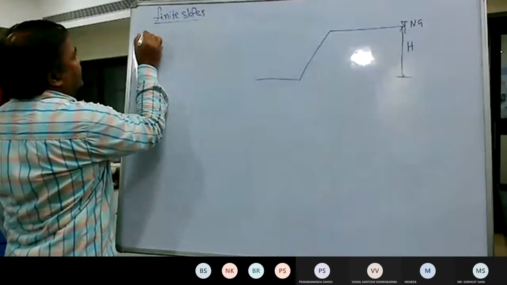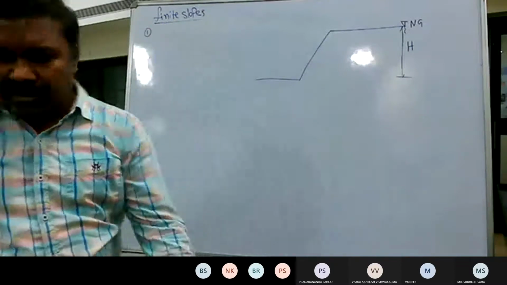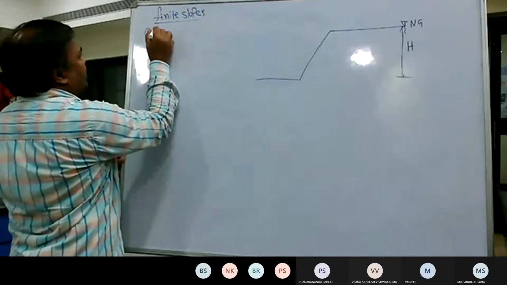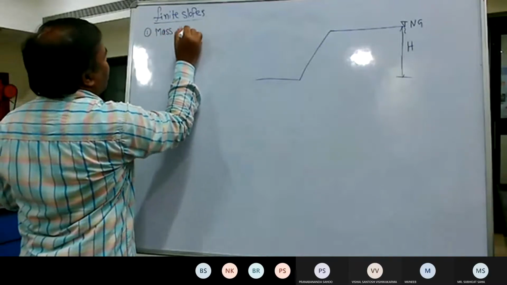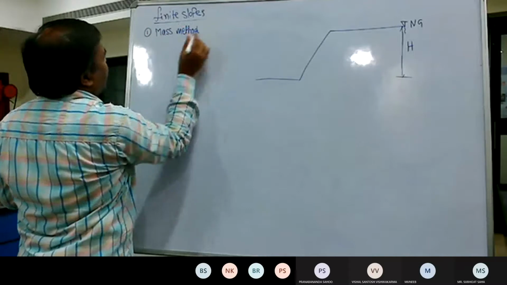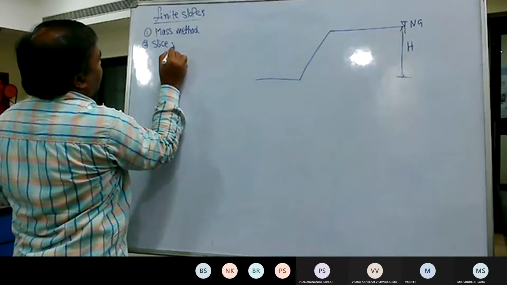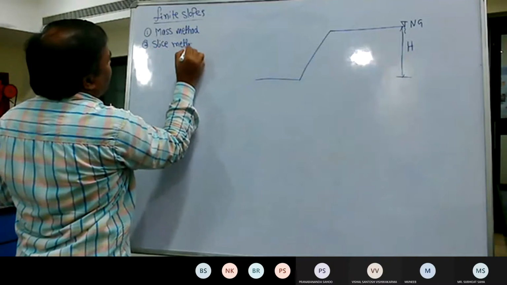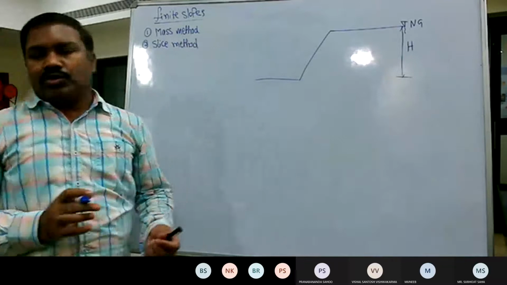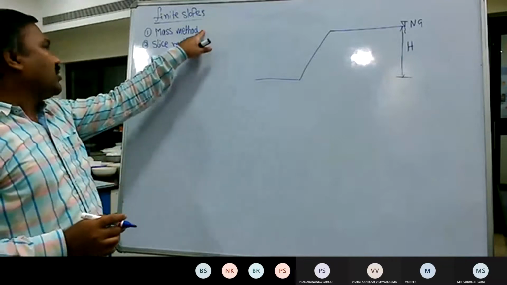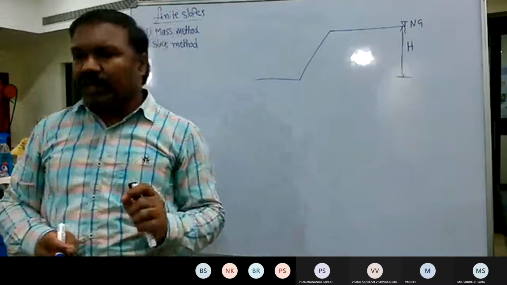But when you try to analyze the finite slopes, we dominantly use two variety of methods. The first is mass method. The second is slice method. So initially, when the analysis was evolving, most of the people used the mass method, or the mass methods are the methods which very early people started working on or developing.